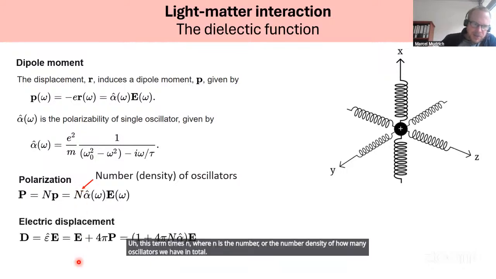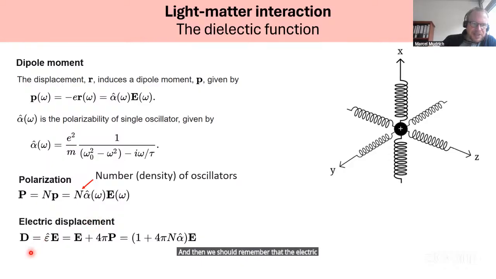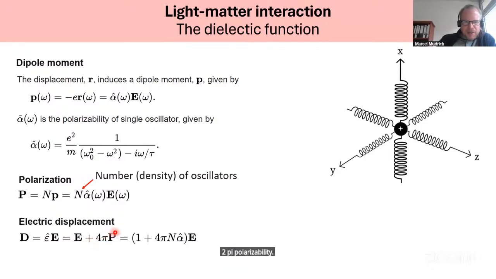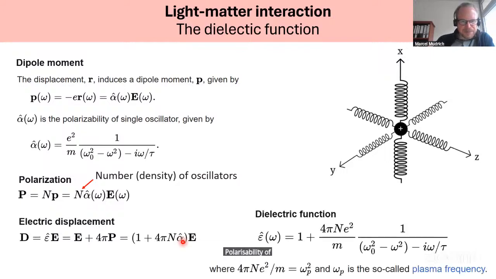And then we should remember that the electric displacement, D, is epsilon, the permittivity, times the electric field, which equals the electric field plus 4 pi polarization. So the permittivity epsilon equals 1 plus 4 pi, the number of oscillators times the polarizability of each oscillator.